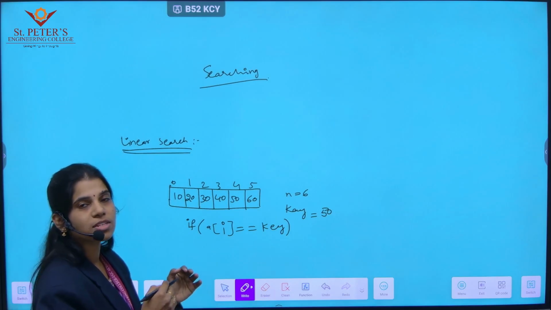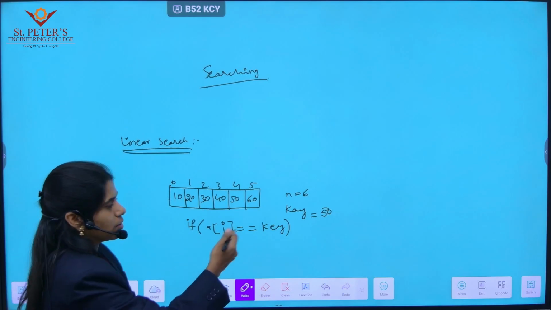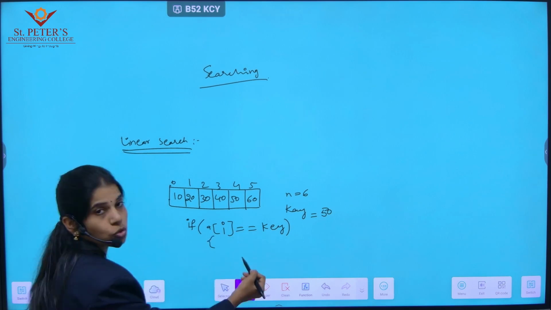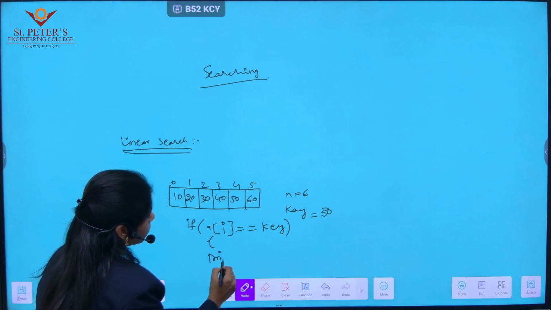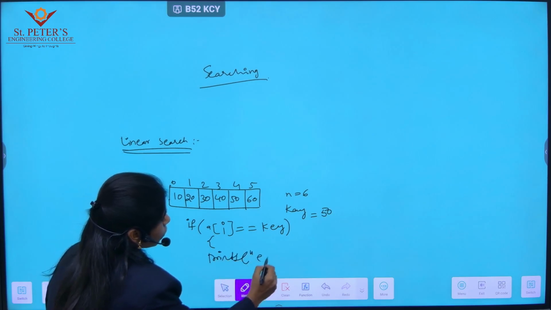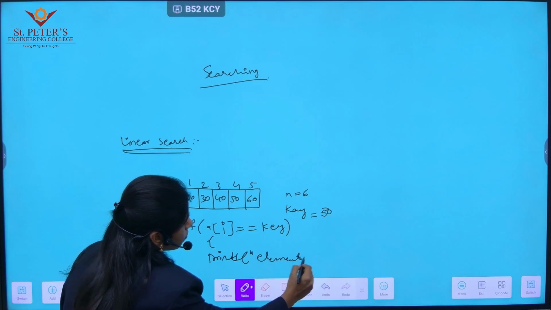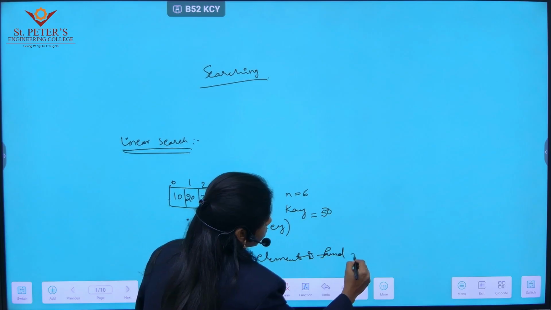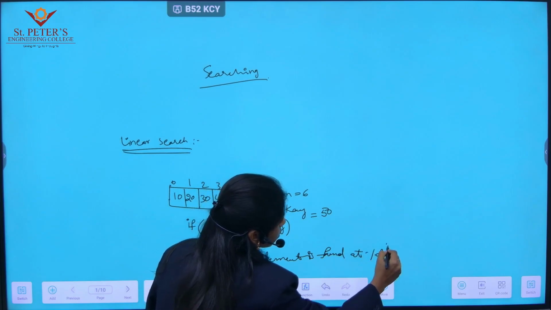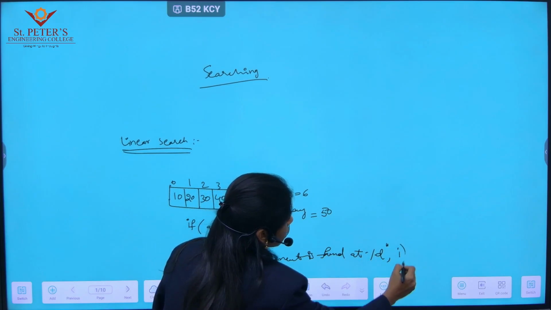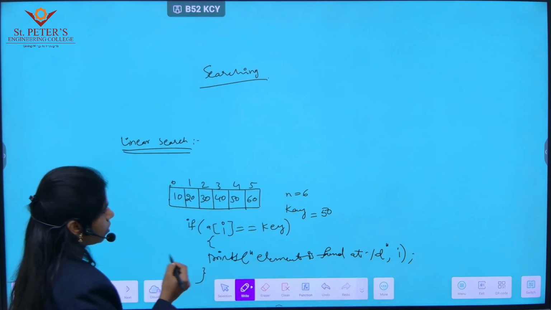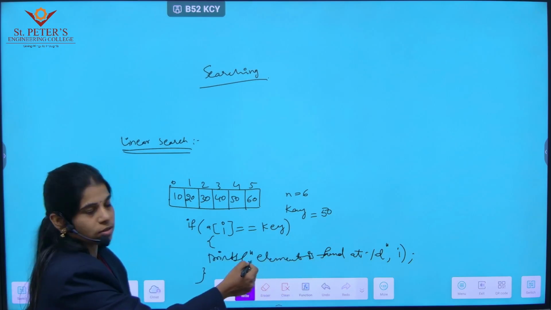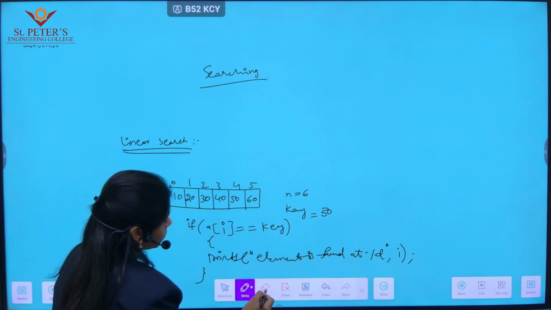Based on this formula, the search element is compared here. If it is true, it is going to be printed: element is found at a position, and that position is I. If it is true, that particular position is written. So now we will write down the program.